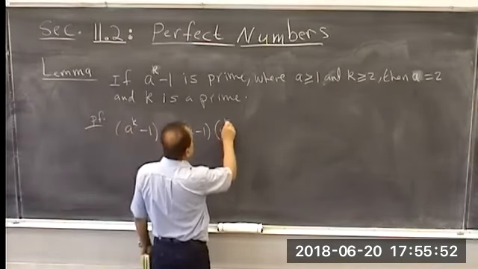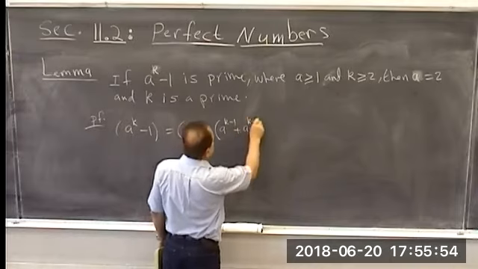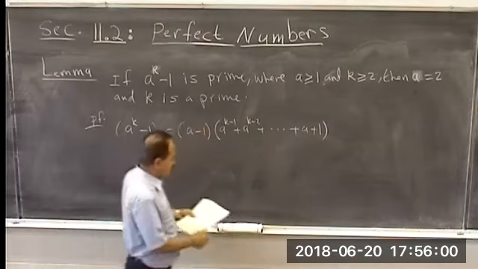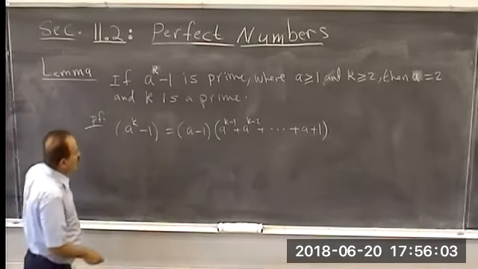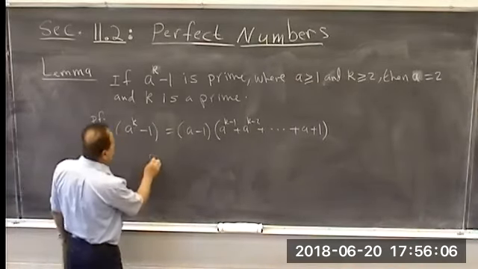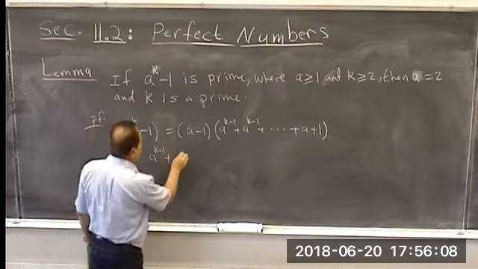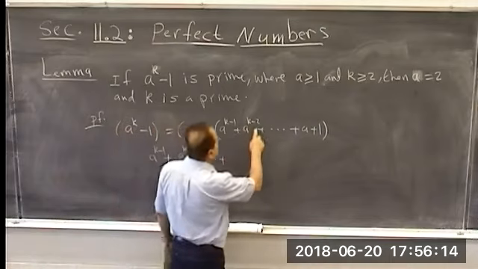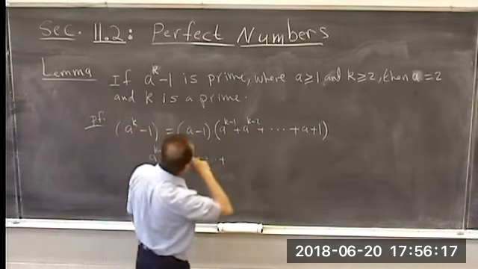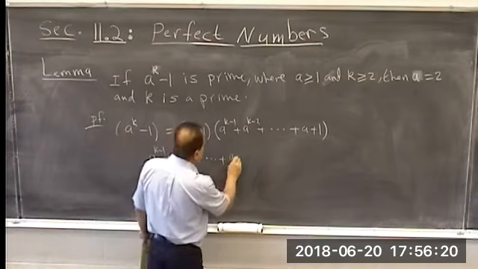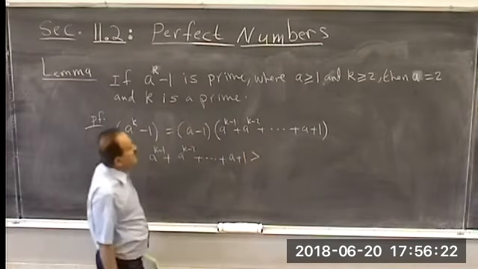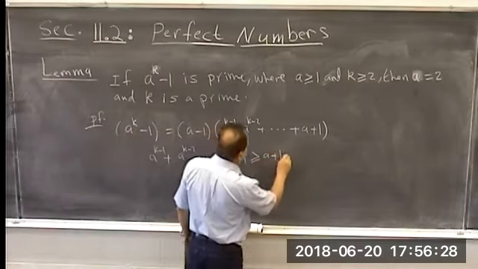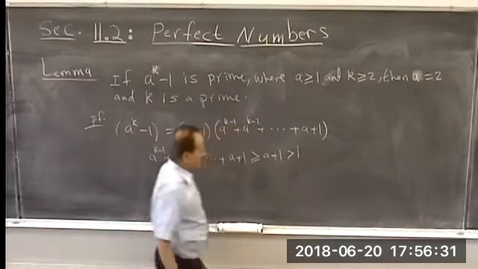Now we have this factor a^(k-1) plus a^(k-2). We know at least that k is bigger than or equal to 2, so there will be 2 terms at least in here, plus a plus 1. And since a is bigger than or equal to 1, this is bigger than or equal to a plus 1, and this is definitely bigger than 1.